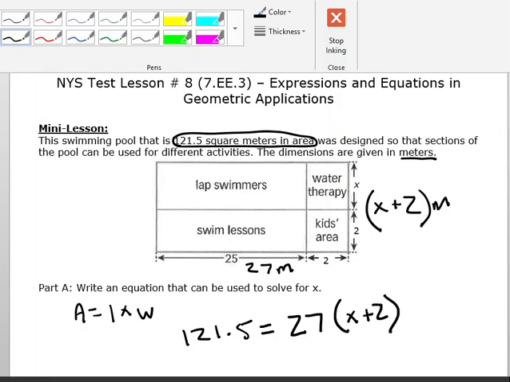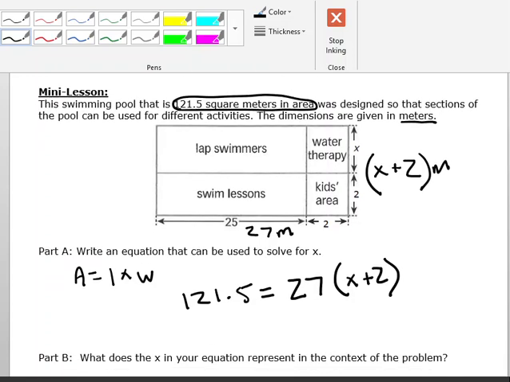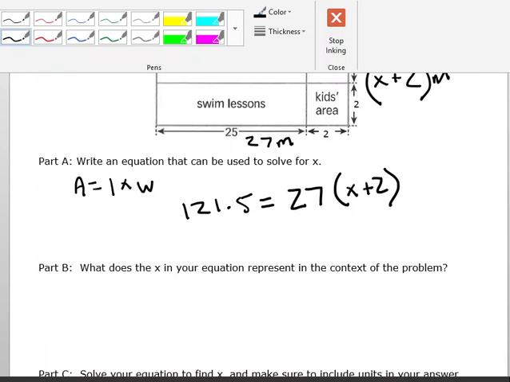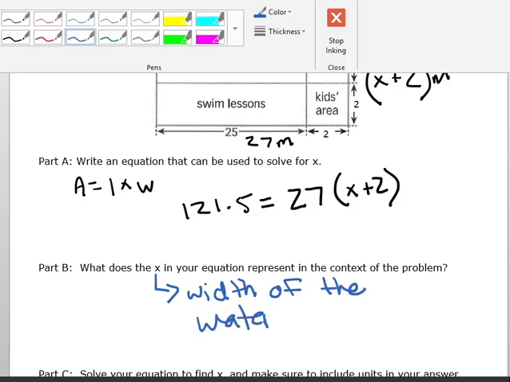That's my width. And so let's talk about what the x in this equation represents. This x represents the width of the water therapy section.